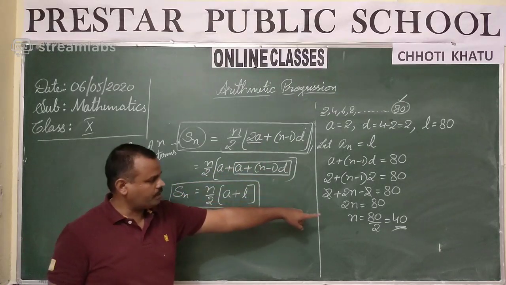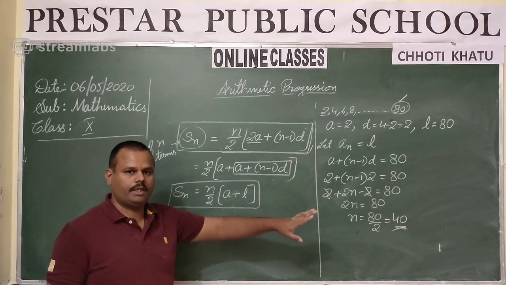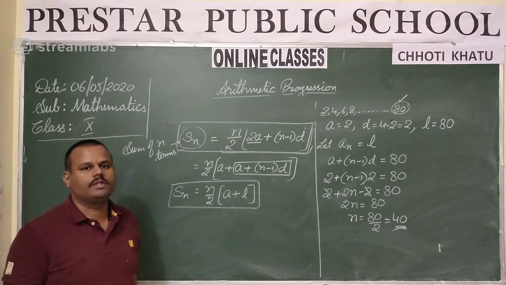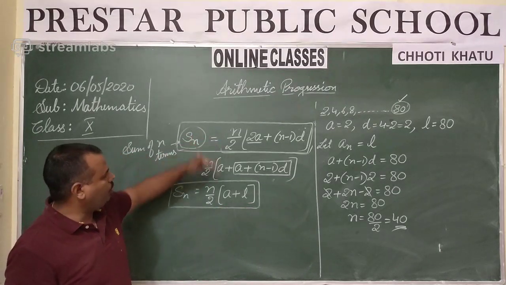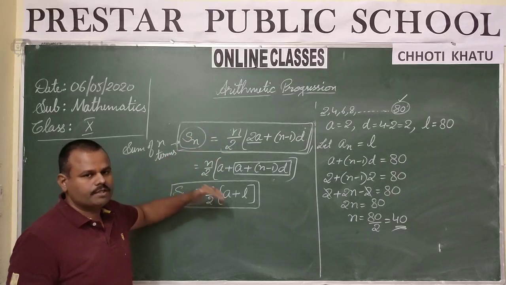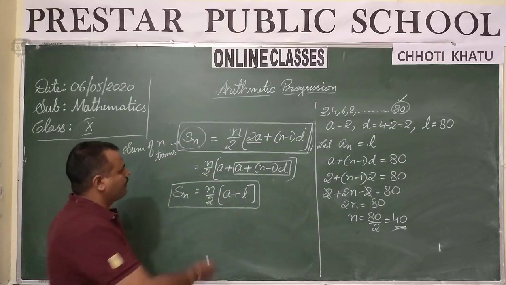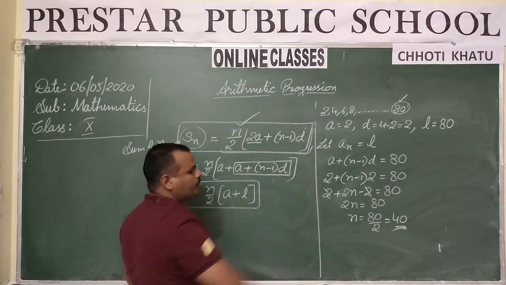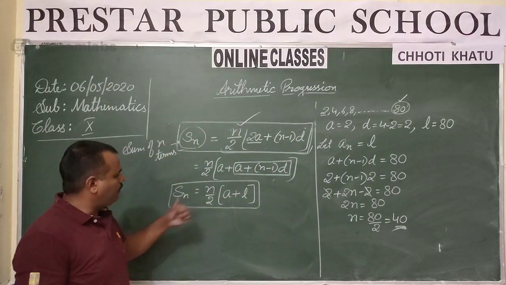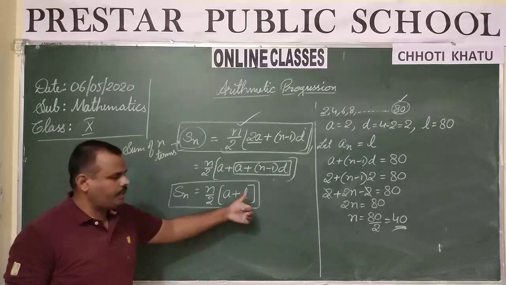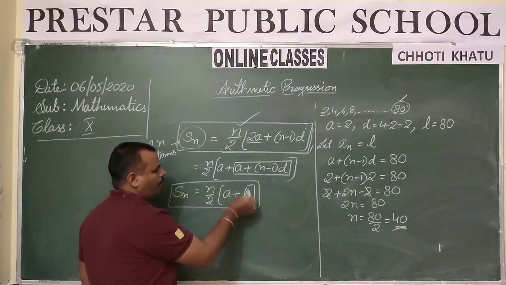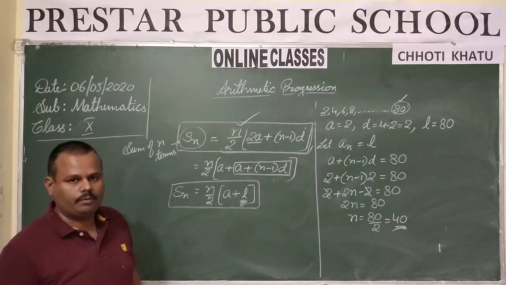So the first part is we will find how many terms there are. After finding the number of terms, you will use this. So there are two relations for the sum of n terms. One says n upon 2 into 2a plus n minus 1 into d, which can be used everywhere. And the other, n upon 2 into a plus L, can be used wherever you know the last term of the AP.